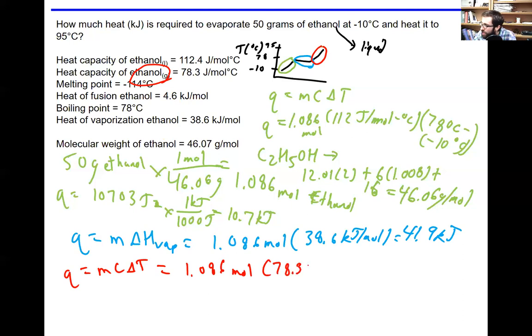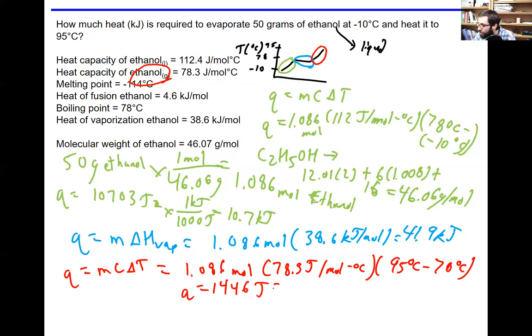So 78.3 joules per mole degree centigrade, and we're going to 95 degrees C, coming from 78 degrees C. So that's going to be 1.086 times 78.3 times 95 minus 78. That gets us 1,446 joules, which equals 1.446 kilojoules.